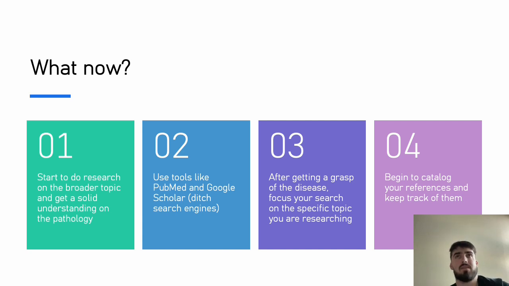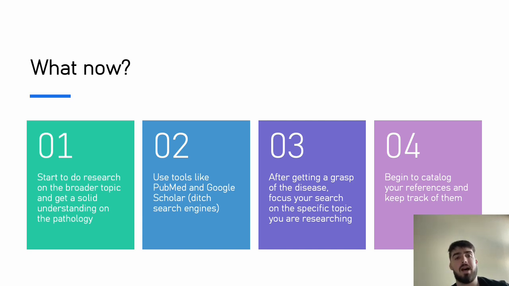So once you have a topic and maybe a resemblance of a question, what are the next steps? So I would recommend, even if your mentor doesn't ask you to do this, do a deep dive in the literature on what the disease is that you're looking at. So for me, I was interested in atrial fib, and I did a ton of research looking at the demographics, the diagnosis, the different treatments.